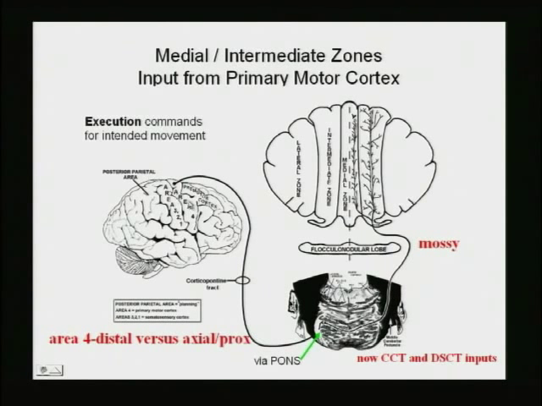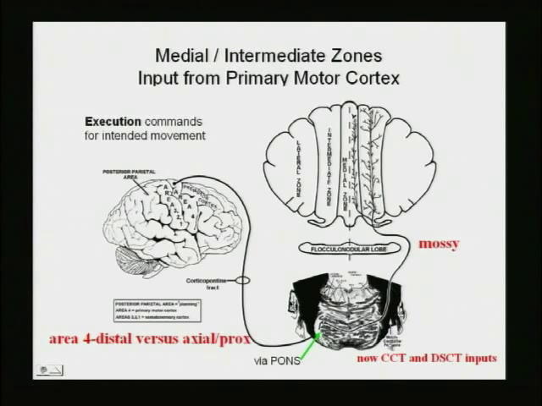So keep in mind that you have both distal and proximal axial information coming out in here, going to different cells, and then once it crosses here, it's going to go to either the medial or the intermediate zone, and they're going to terminate as mossy fibers.